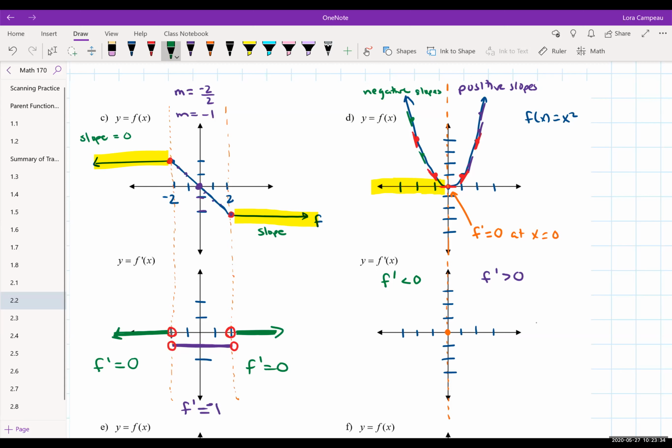And if f prime is greater than 0, and I should actually write this down for you, why am I doing this verbally, this would mean that when we graph it, f prime graphs above the x-axis. And one more time, less than 0 means f prime is below the x-axis.